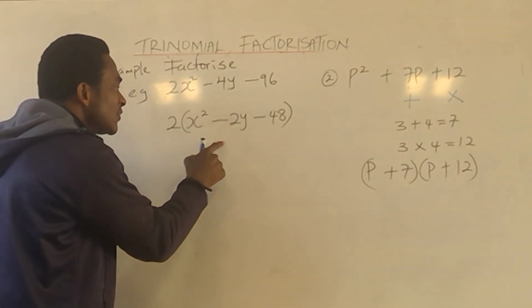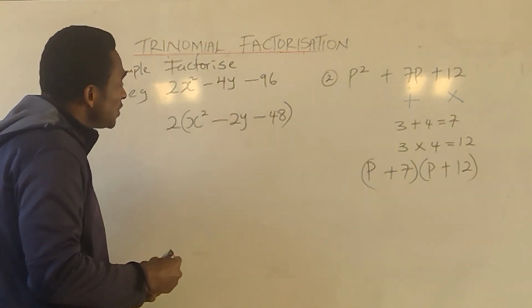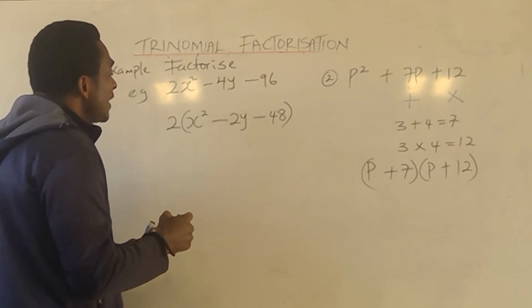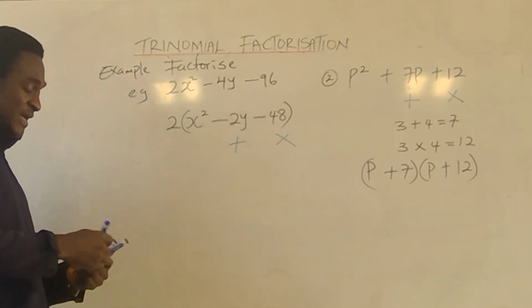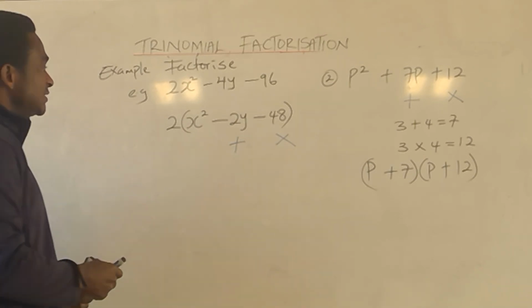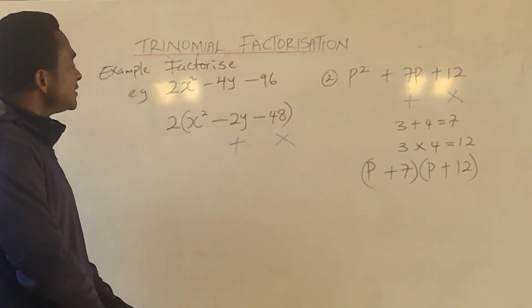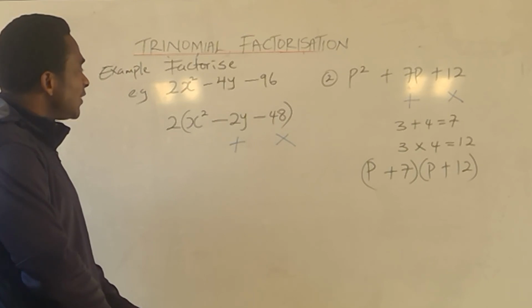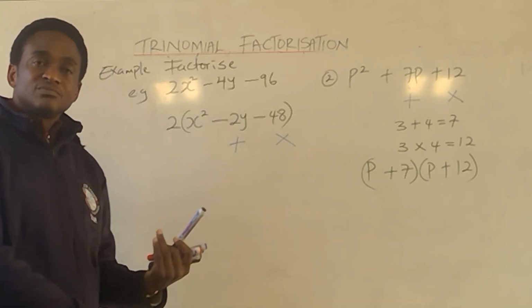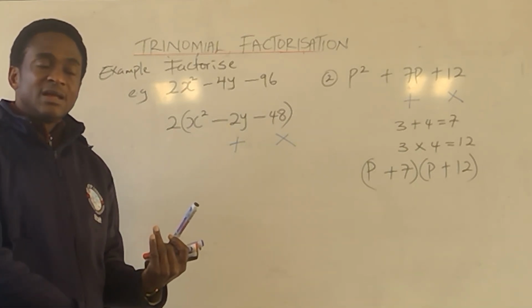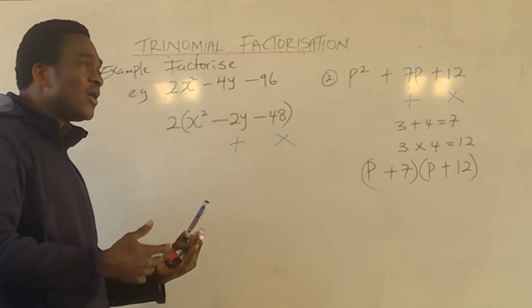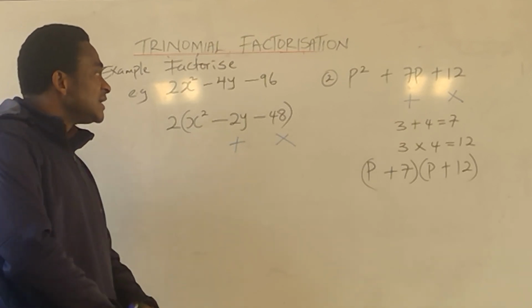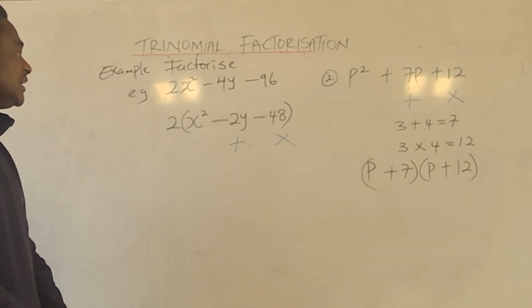Here we look for the same approach, two numbers that when we add them, it gives this middle term. When we multiply the same two numbers, including their signs, it gives this constant. So let's look at the numbers that we can use. You keep on trying until you get the exact numbers that you need.